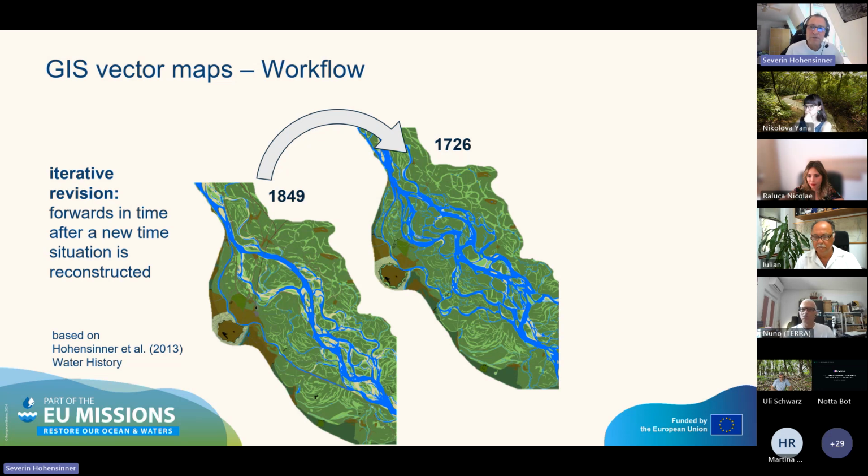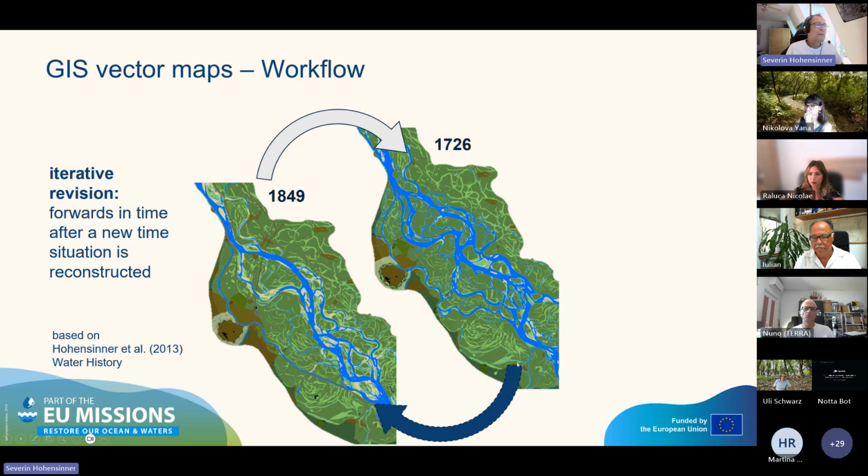Because not all maps always show all details. And so we go back iteratively and add information that might be missing in the younger time situation.